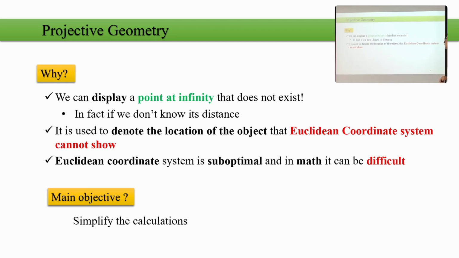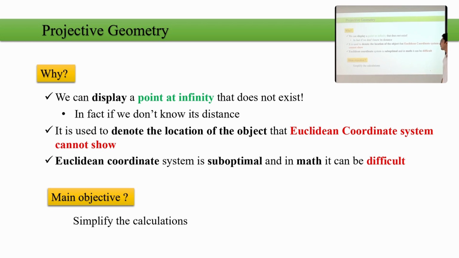We will see how we can achieve it in the next slides, where I'm going to show the calculations. We use it for denoting the location of an object on the Euclidean coordinate system that cannot show it. Of course, the calculations are more complex in the Cartesian system, but here we can calculate it much faster. We will see how to do that.